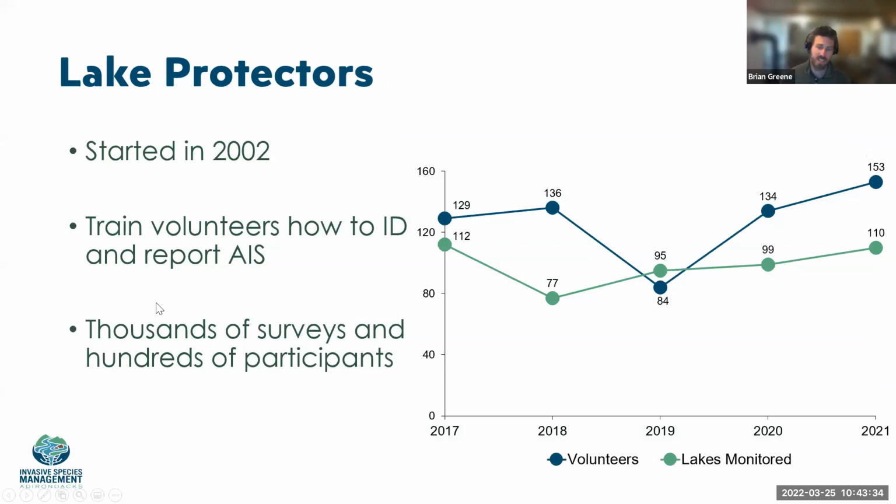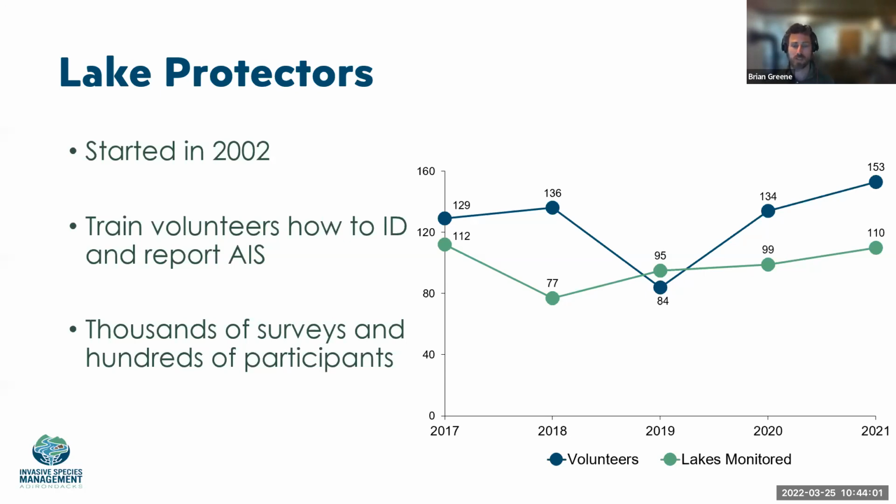So Lake Protectors is the first program that we started with community science. It started in 2002. So over 20 years now. We have some volunteers that have actually participated in all 20 years, and some volunteers who've been more than a decade. We train volunteers how to identify and report aquatic invasive species, AIS.